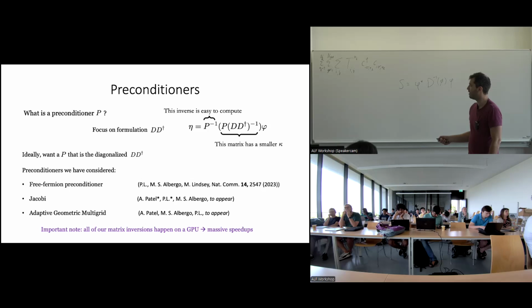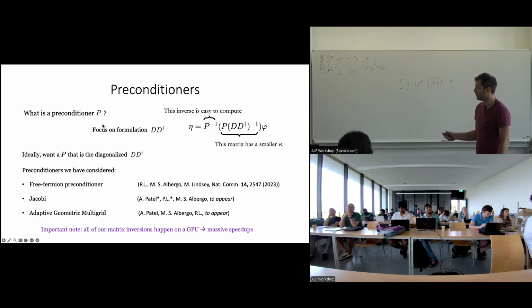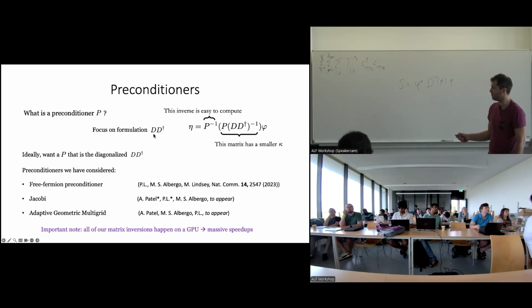And so what you can do to help ameliorate this issue is find a good preconditioner. So what is a preconditioner P? It's some matrix. Let me focus on this formulation where the matrix that we're trying to invert is DD dagger, just to be explicit.